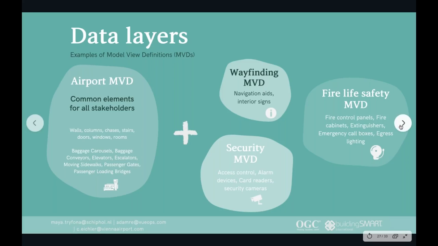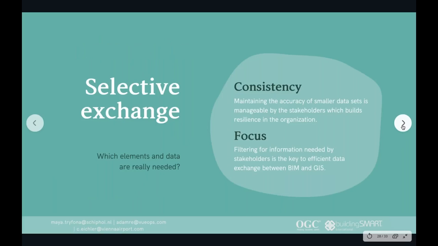Here you can see some possible subsets of the airport MVD, model view definition, like the wayfinding MVD, the fire life safety MVD, and the security MVD. So in the next one, if we do this, we basically achieve higher consistency and better focus on what is really needed.